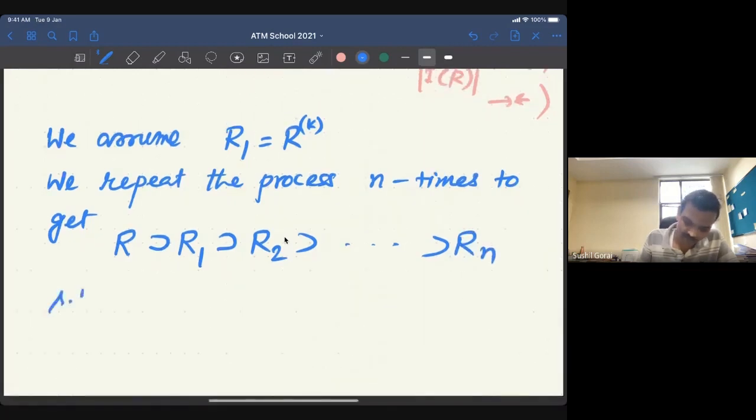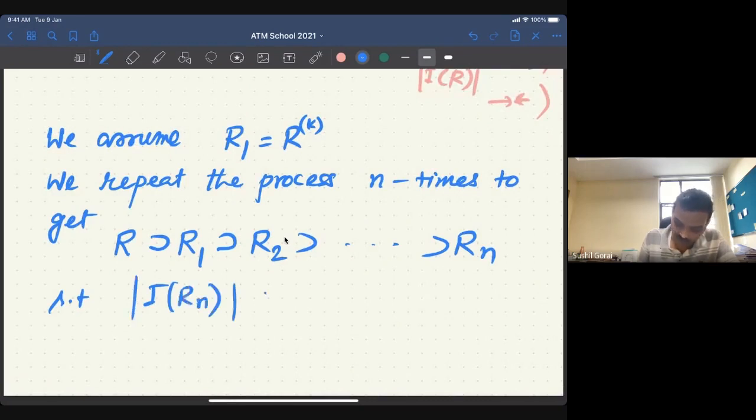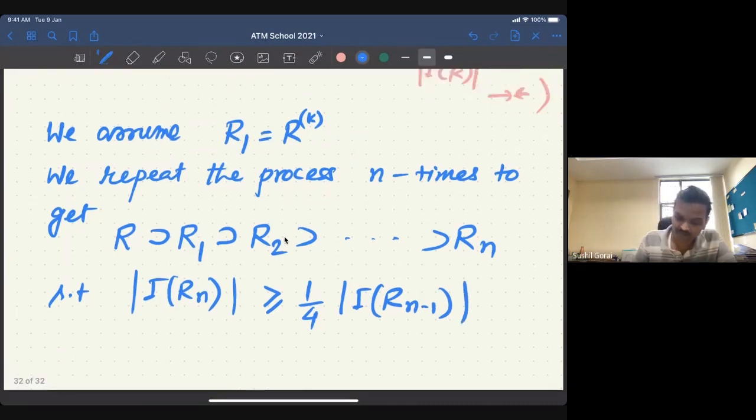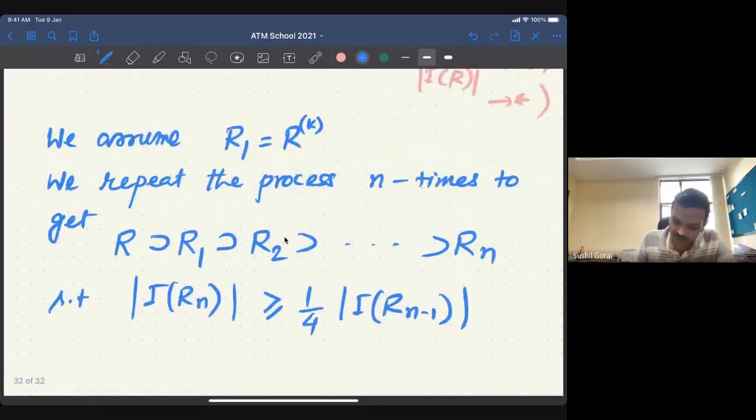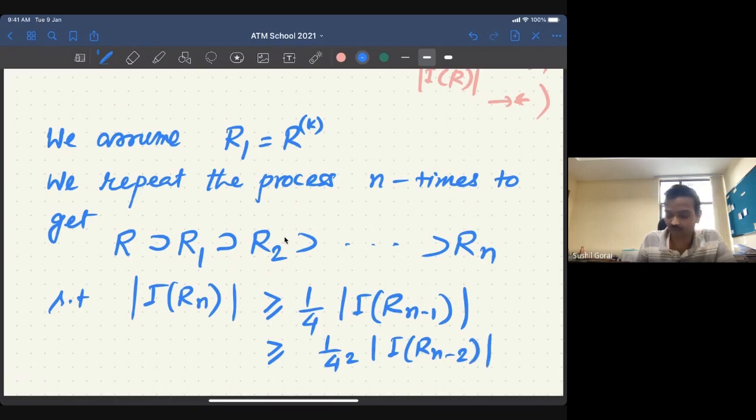Such that the modulus of I_Rn will be greater or equal to 1/4 of I_R(n-1), and so on. Which means it will have 1/4 squared of I_R(n-2), and so on.